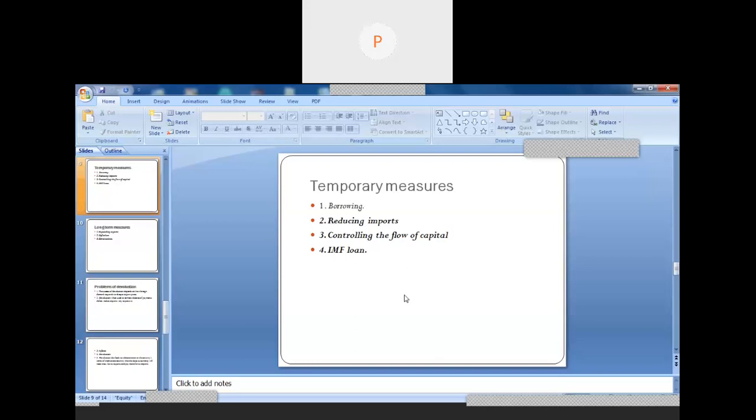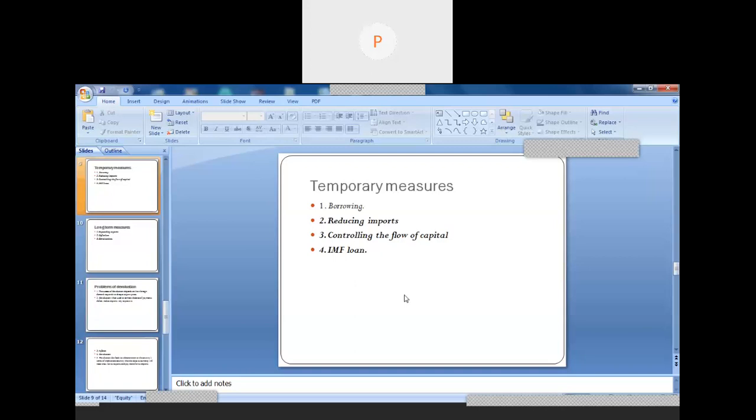Now the next question arises: a payment deficit especially poses a greater threat to a country, right? And especially if you are a developing country, a country with a balance of payment deficit can adopt temporary measures.